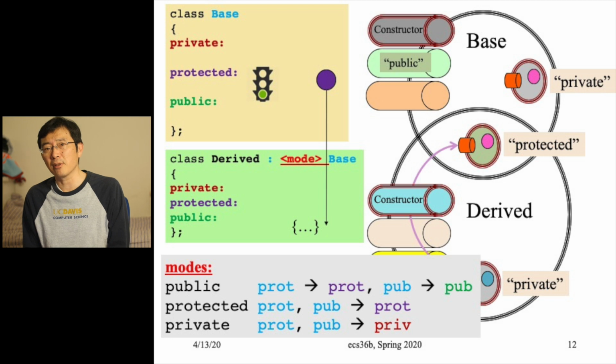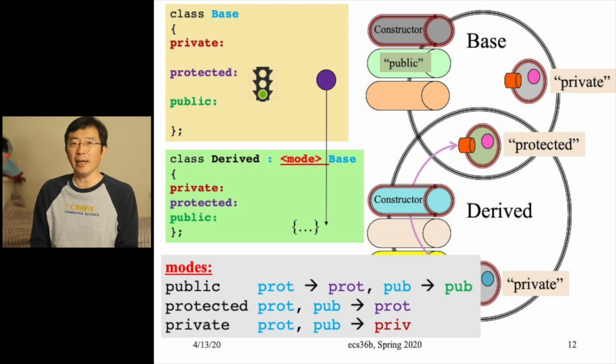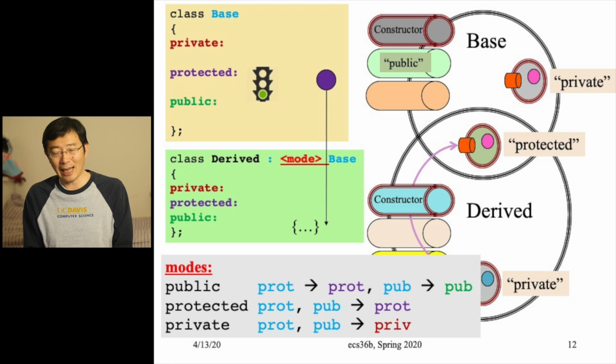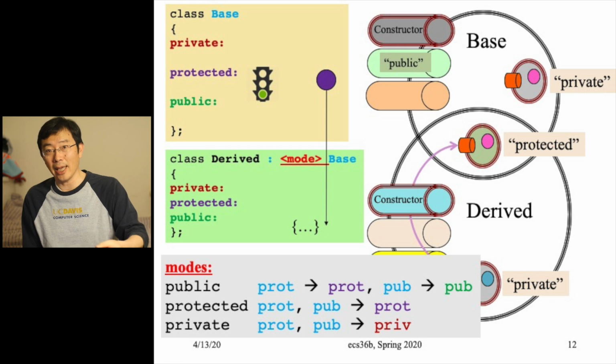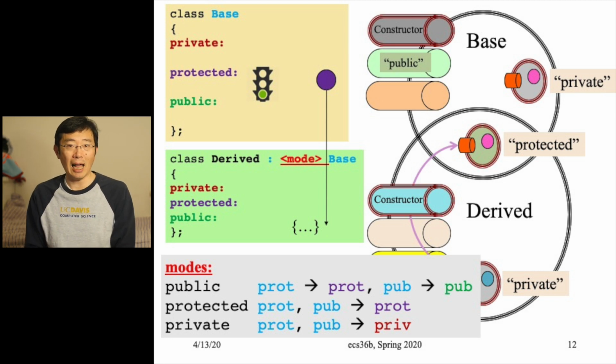Most inheritance uses public, because that's the most common way of using inheritance. On the other hand, the other two are also possible. You can actually say protected. What do I mean by saying protected? It means that whether it's protected in the base class or public in the base class, they both will be put under the protected area of the derived class.